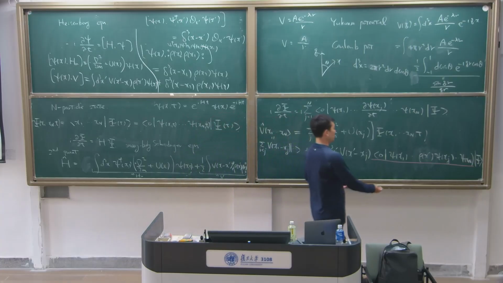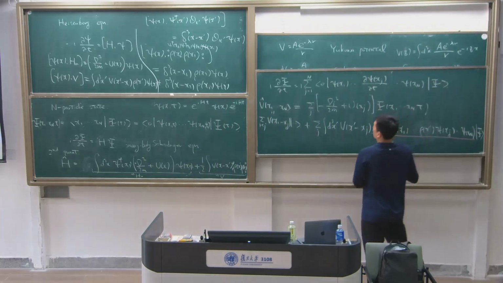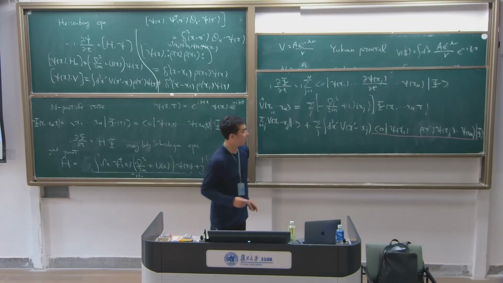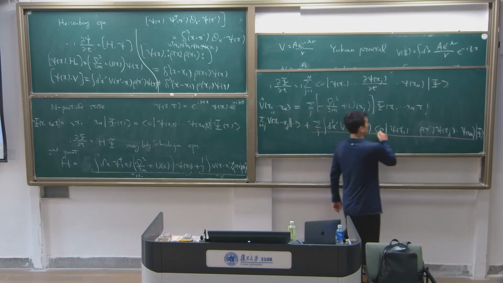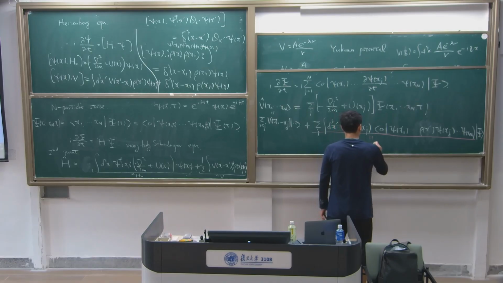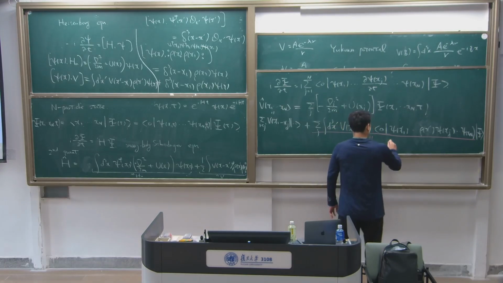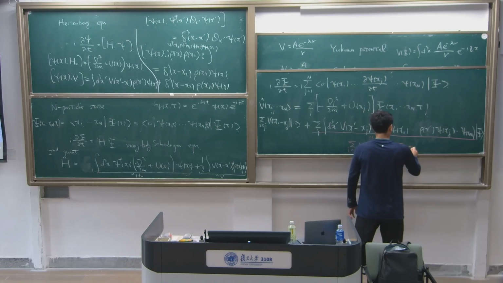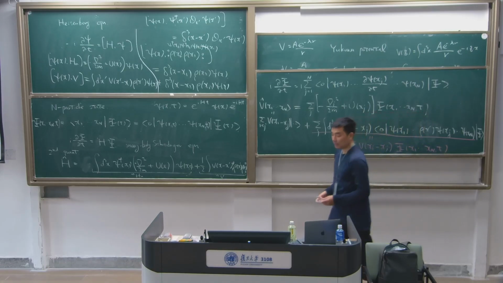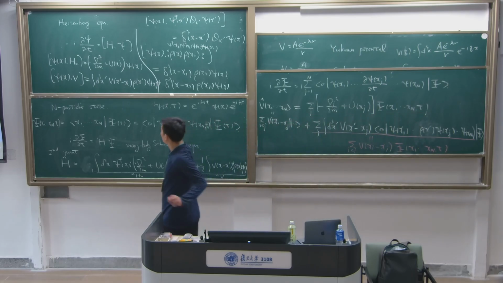So therefore, I don't want to rewrite everything. This red part is essentially the sum over i and j of d of xi minus xj and then psi of x1 through xn and t. So this is it.